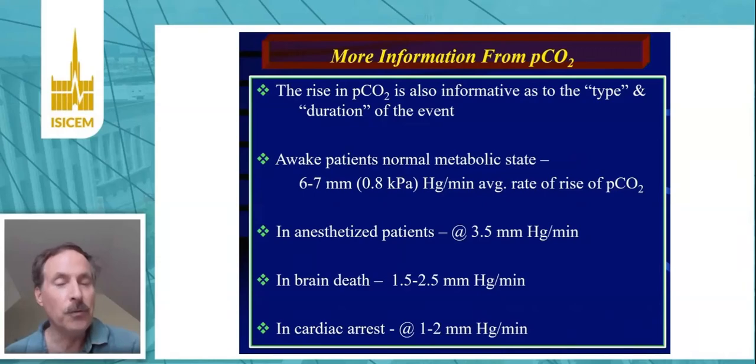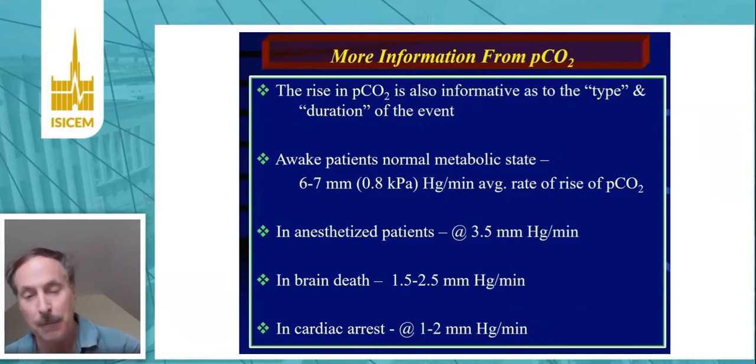In awake patients who would fall from an immediate cardiac arrest, but were otherwise of normal physiology, they would have a rise in PCO2, as you see at the bottom, of about 1 to 2 millimeters of mercury per minute.